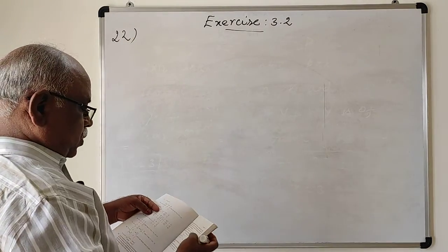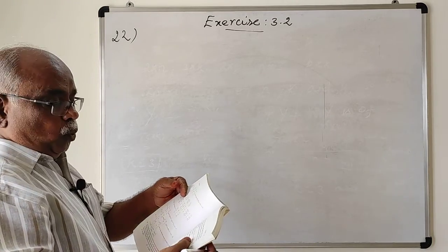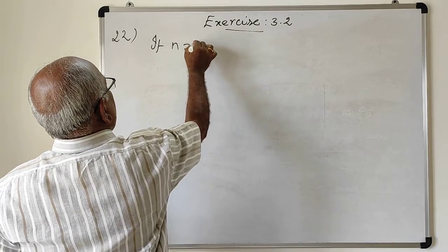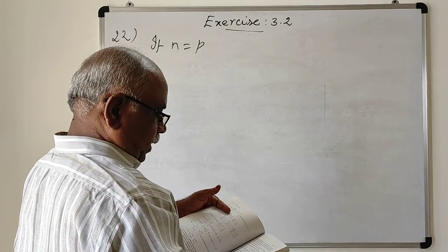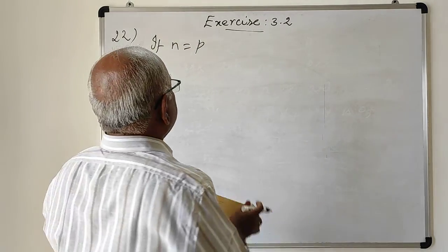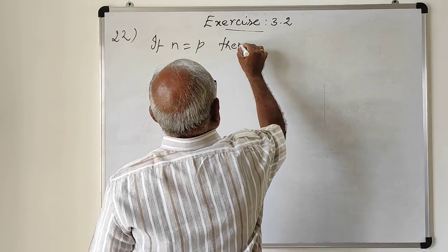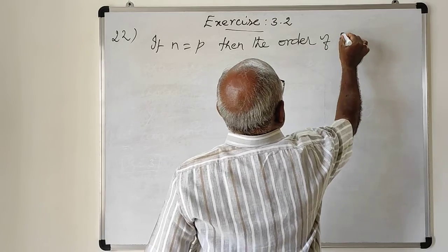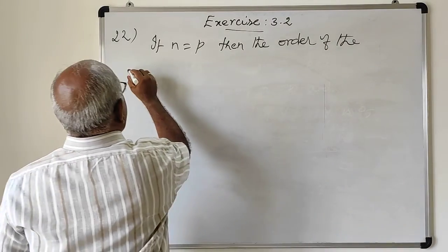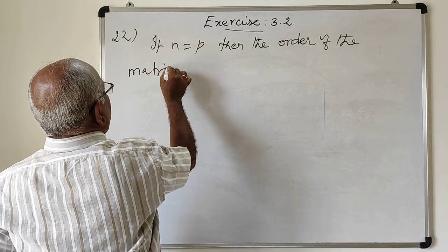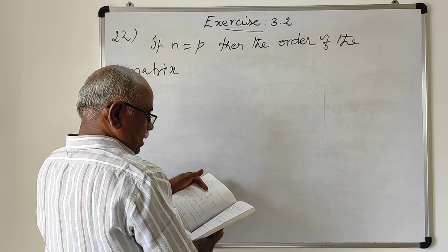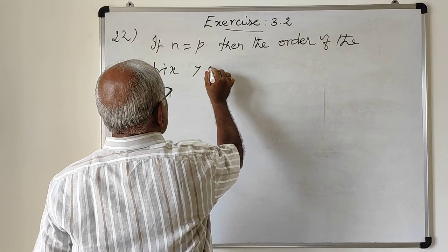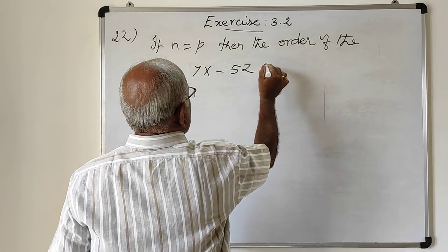Problem number 22, the last problem in exercise 3.2. If n equal to p, then the order of the matrix 7x minus 5z is?